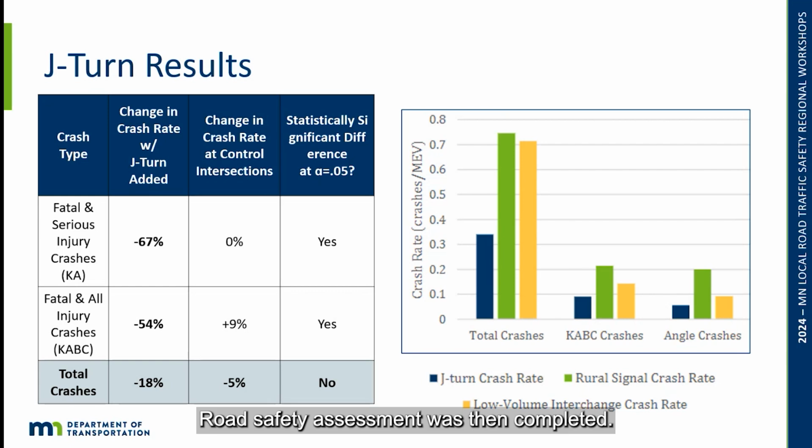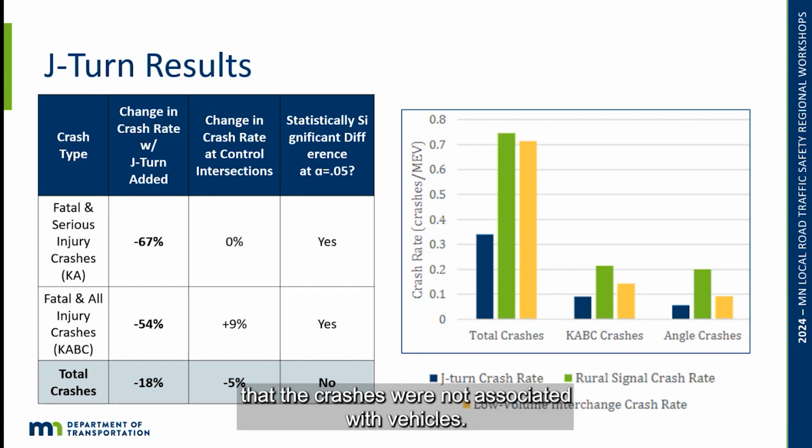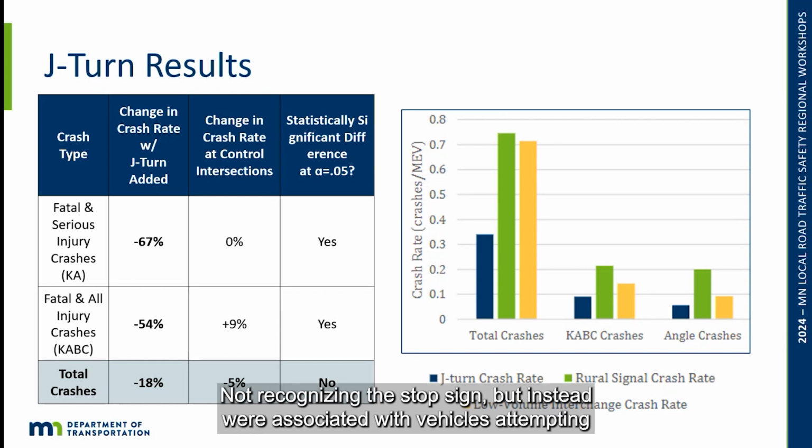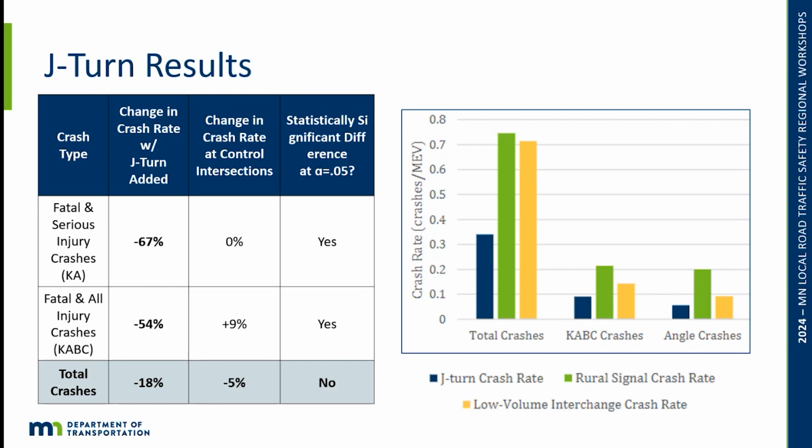A road safety assessment was then completed. The RSA included a more in-depth analysis of the crashes and determined that the crashes were not associated with vehicles not recognizing the stop sign, but instead were associated with vehicles attempting to cross the highway and making bad decisions about gap selection.